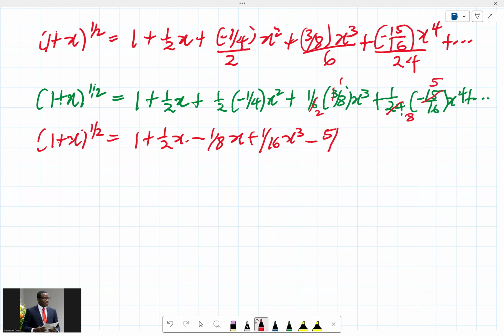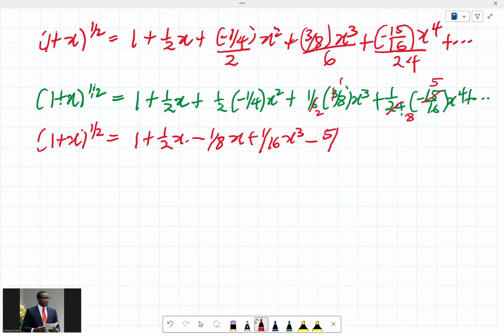8 times 16 is like 4 times 16 is 64. So that's like when I was doing mental math, right? 8 times 16 may not be that easy, but I know that if I remove 2 from 8, that's 4 times 32, and that's easier. 8 times 16 is the same thing as 4 times 32.